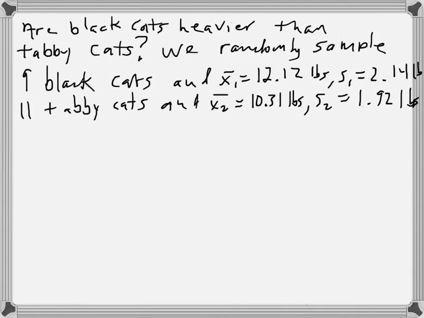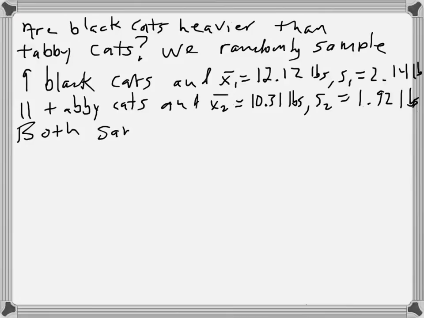Okay, let me make up a problem real quick. And here it is. I got some inspiration from my weird cats. So are black cats heavier than tabby cats? We randomly sample nine black cats, and their sample mean is 12.12 pounds with a standard deviation of 2.4.